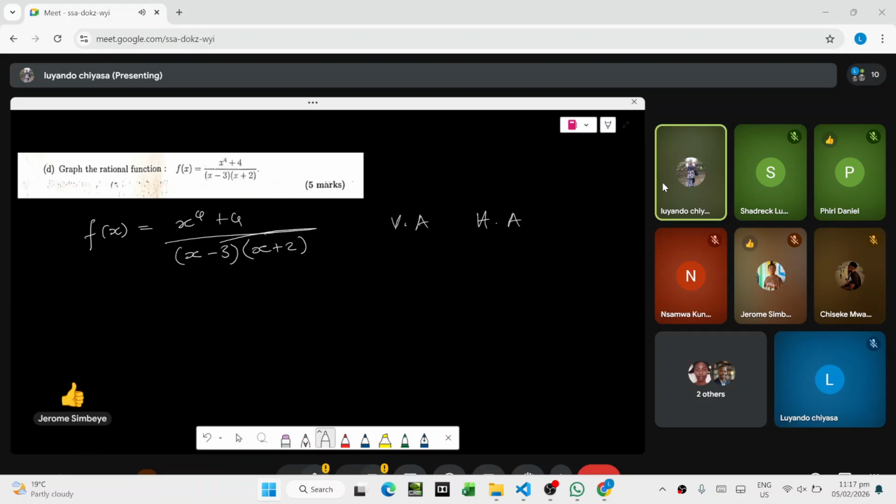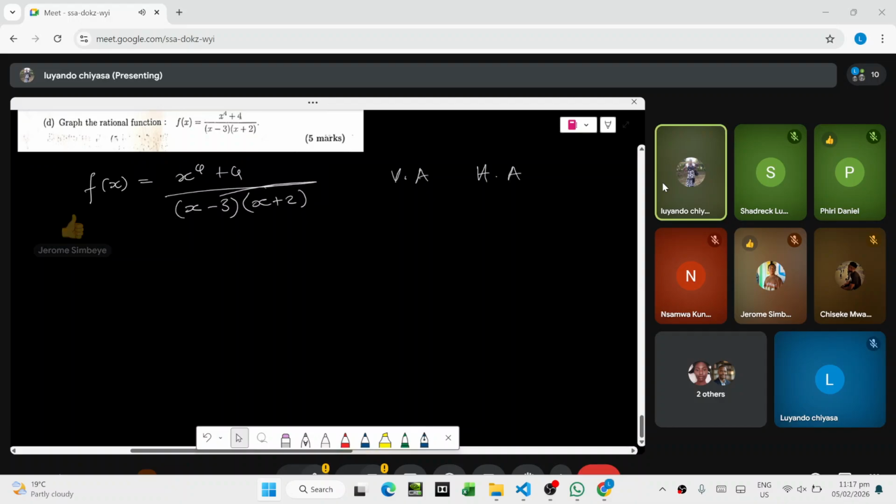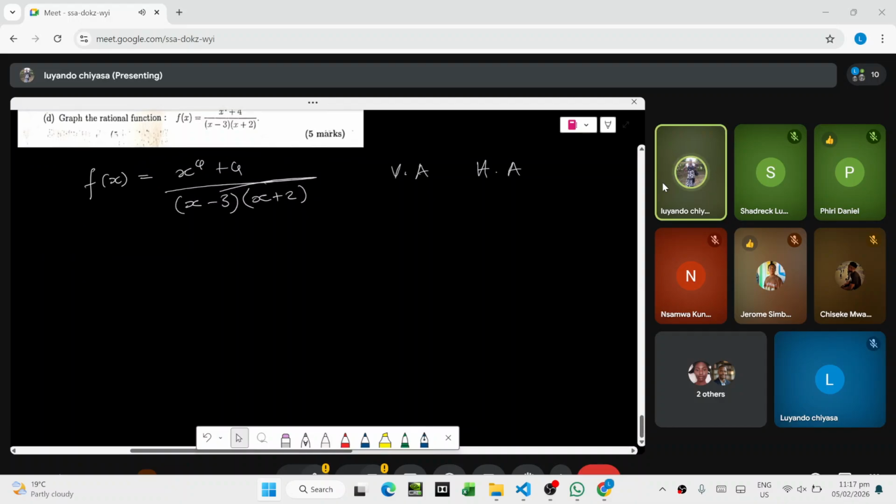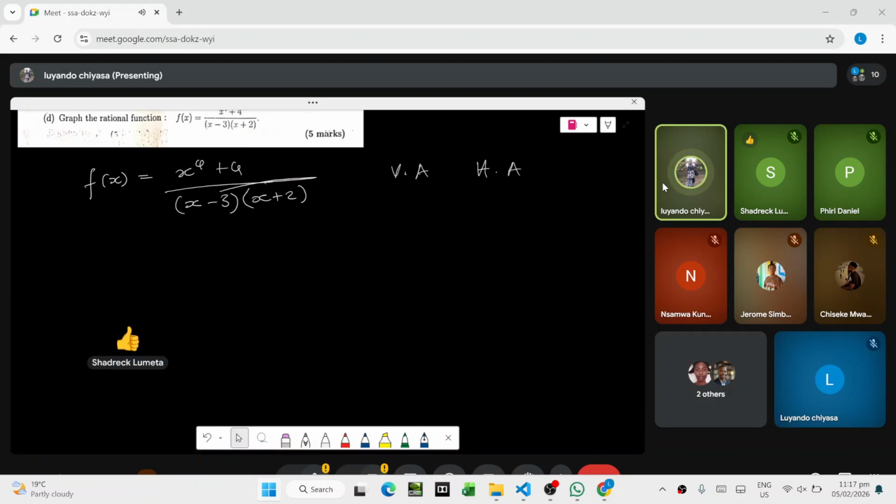If you look at the denominator for this question, it was already simplified for you. So when finding the vertical asymptote, you just equate the denominator to 0.